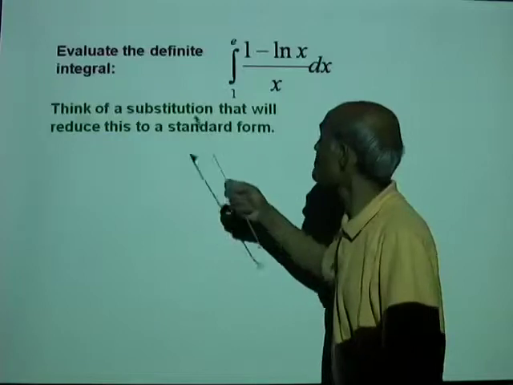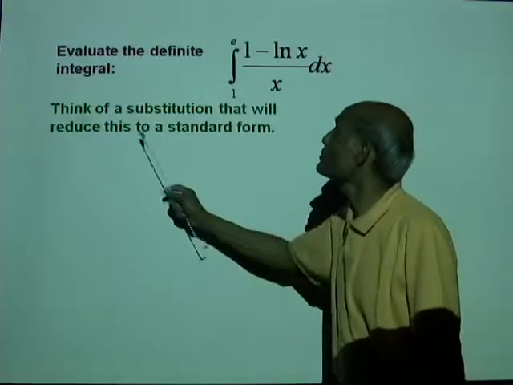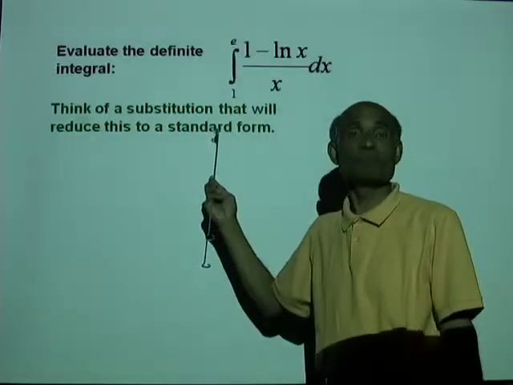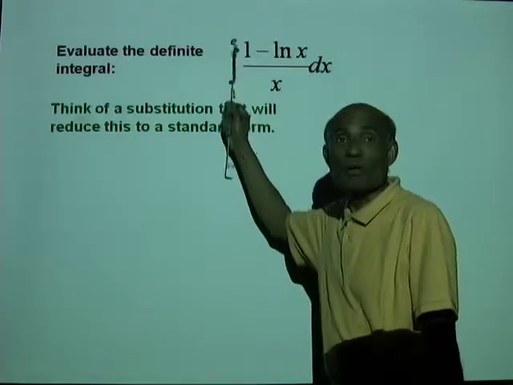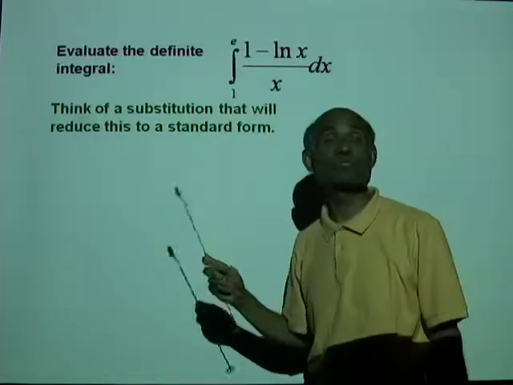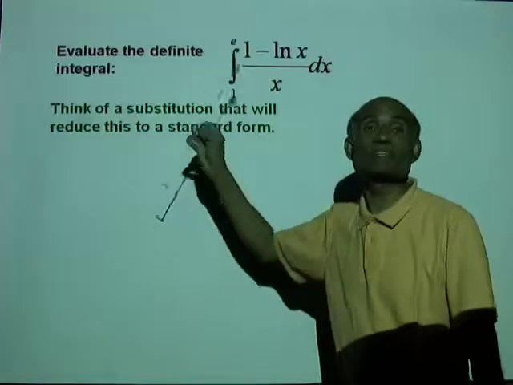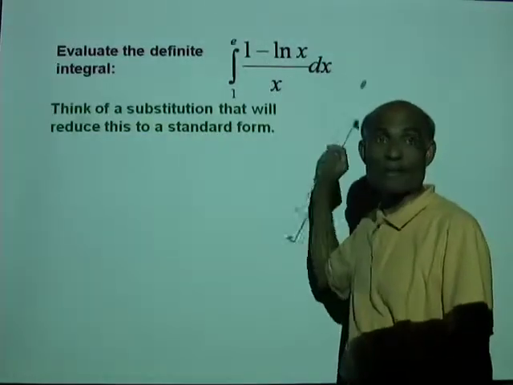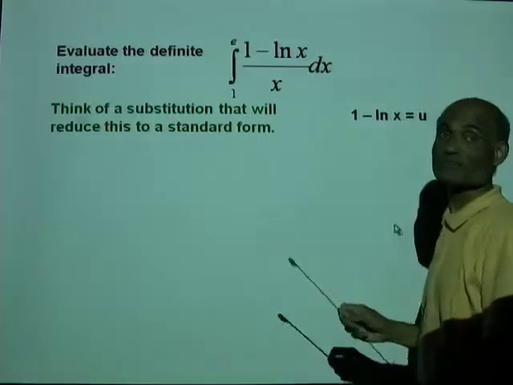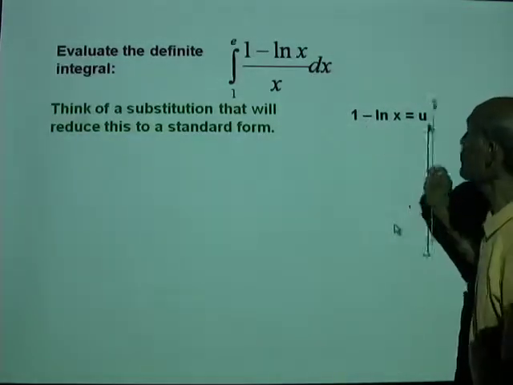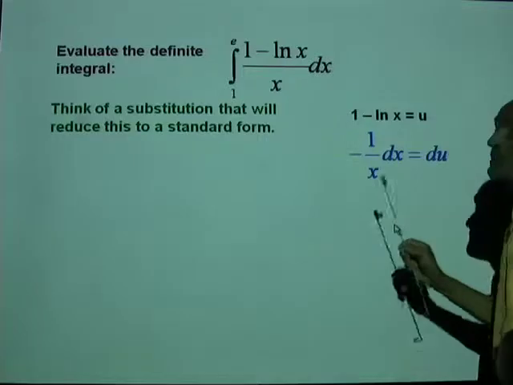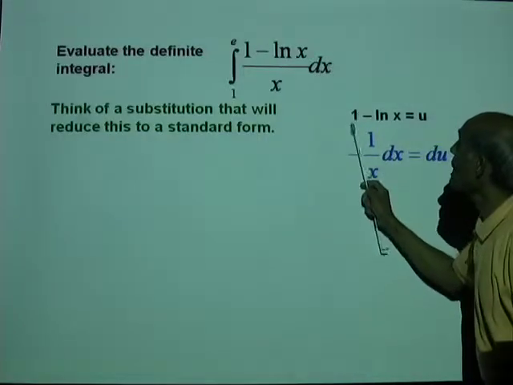Now think of a substitution that will reduce this to a standard form. It's a very simple one: 1 minus ln x equal to u. Why? Because the derivative of ln x contains 1 over x. That's right. So we say 1 minus ln x equal to u. The differential of 1 is 0.